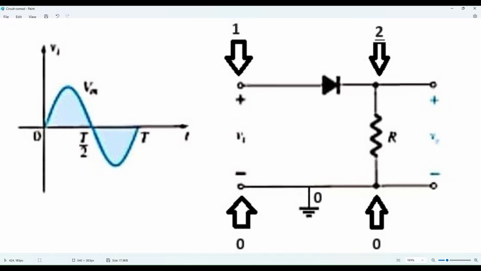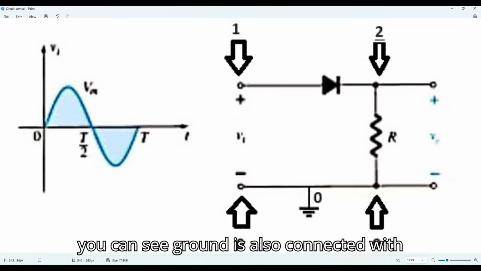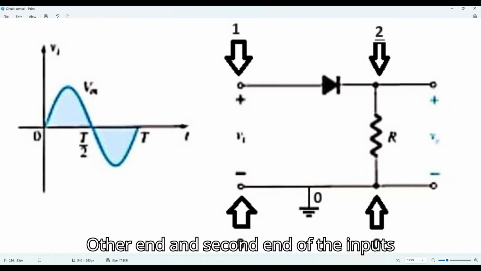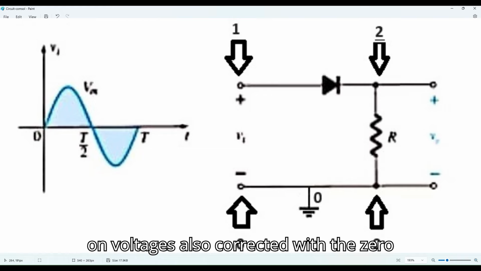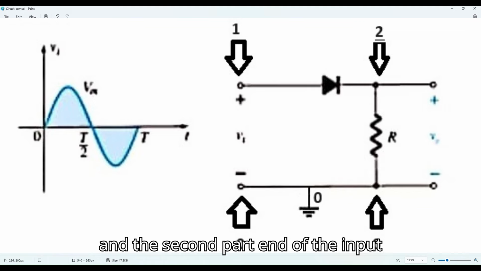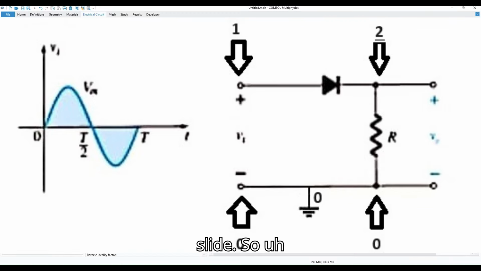You can see the ground is also connected with 0, and the second end of the input voltage is also connected with 0. So we give 0 to the second node of the resistor, then the ground, and the second end of the input supply.